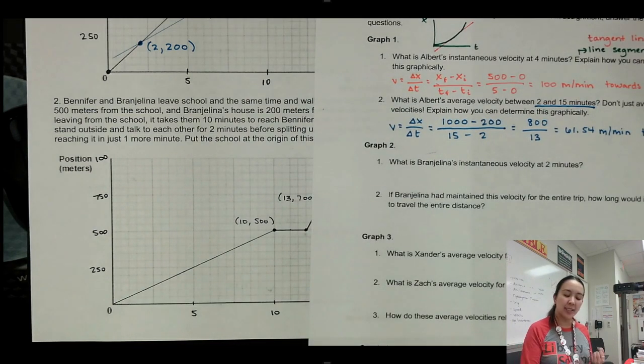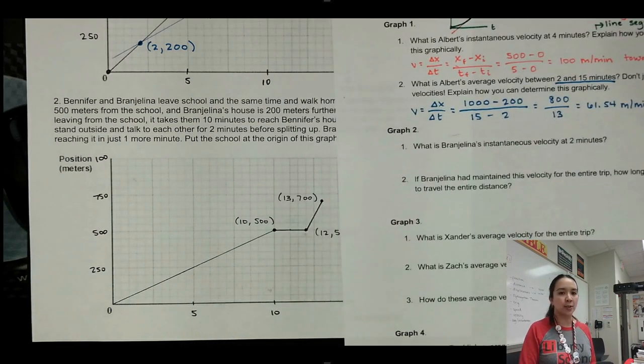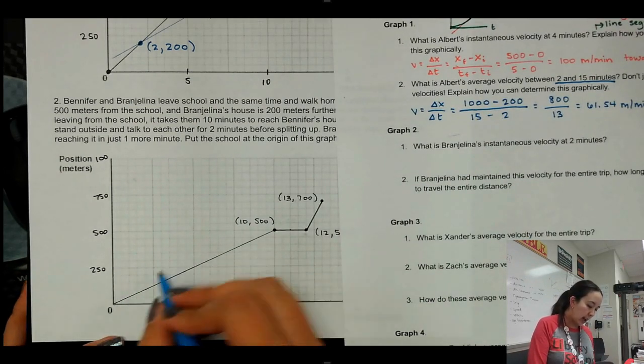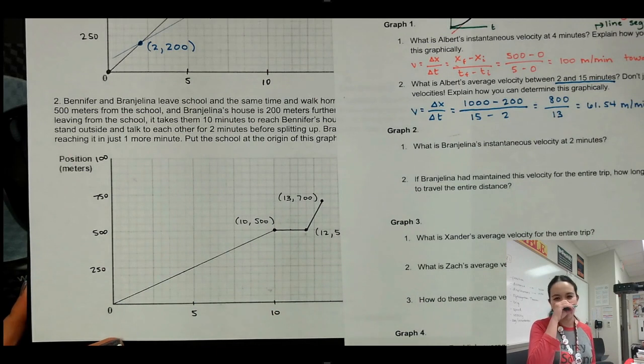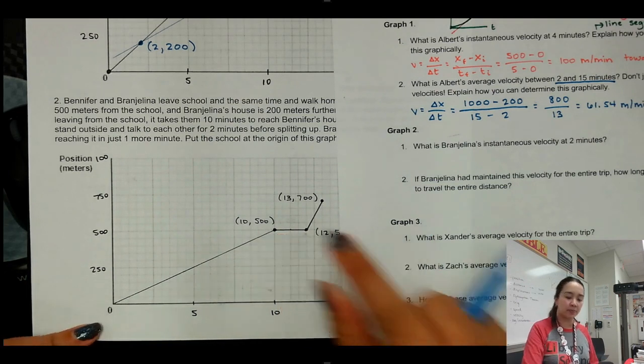So question number 1 over here, what's Brangelina's instantaneous velocity at 2 minutes? We're looking for an instantaneous velocity. Oh, how convenient. At time equals 2, I don't know exactly what that ordered pair is, but I know that I'm looking for the slope of this line segment.